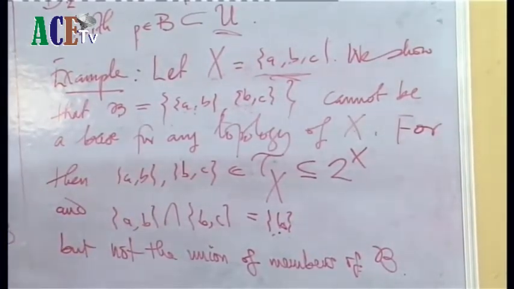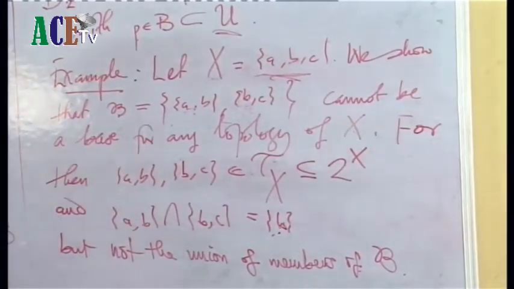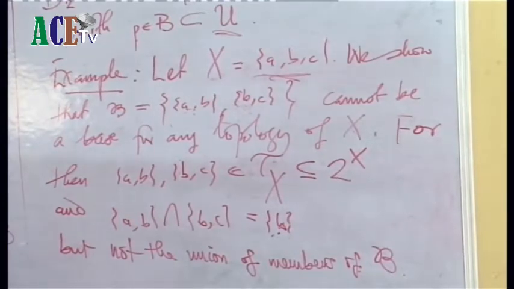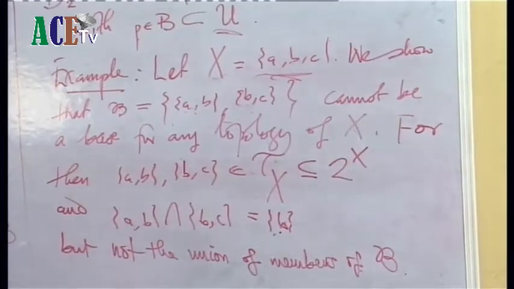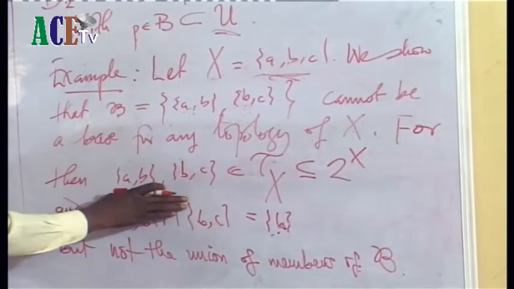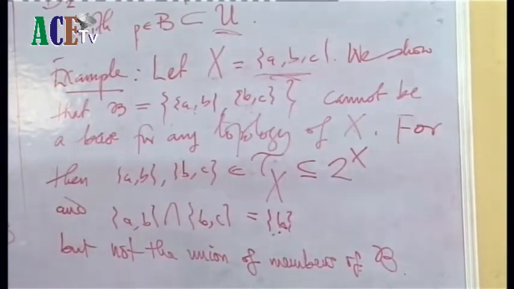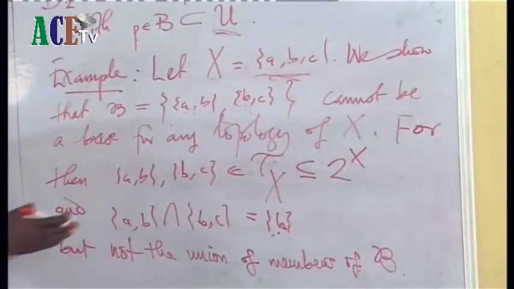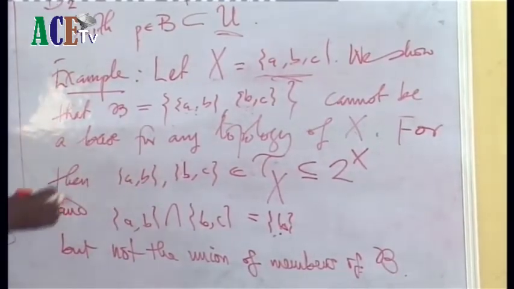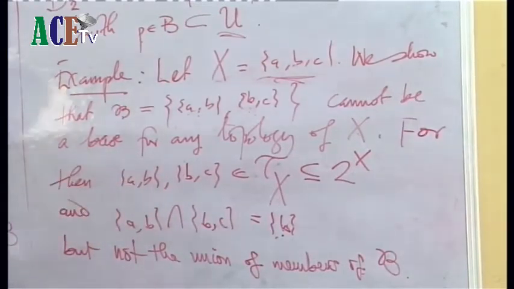Can we determine whether this is a limit point? Of course, if you take A out of AB, what are you going to get?